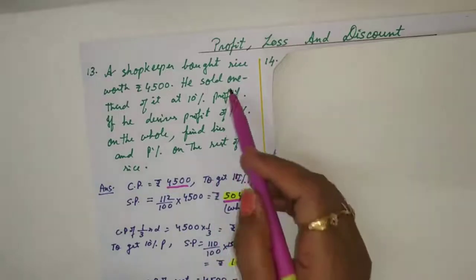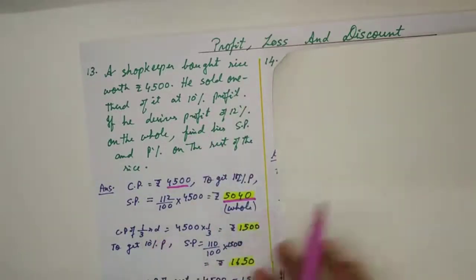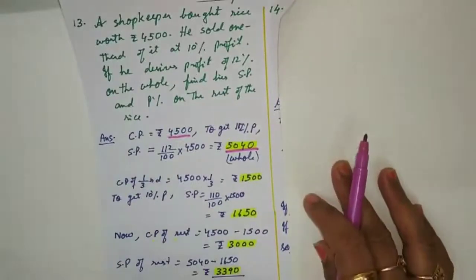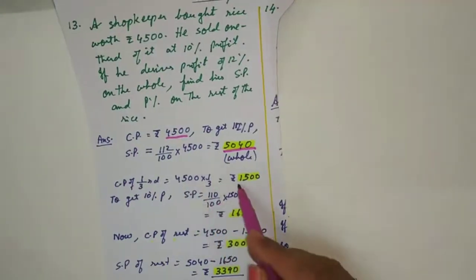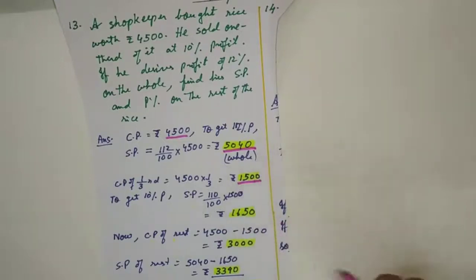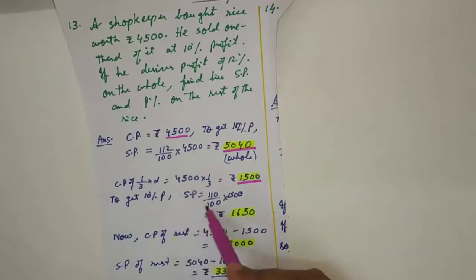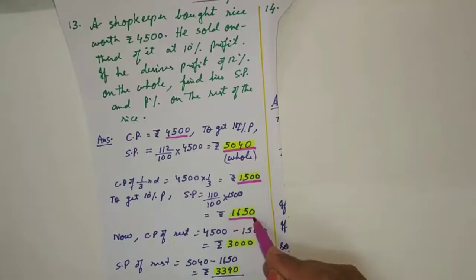But he sold 1/3 of it. So the CP of 1/3 of the rice that he bought was 4,500 into 1 by 3, which is 1,500. And he made a profit of 10% here according to the question. So the selling price is 110 by 100 into 1,500, which is 1,650.